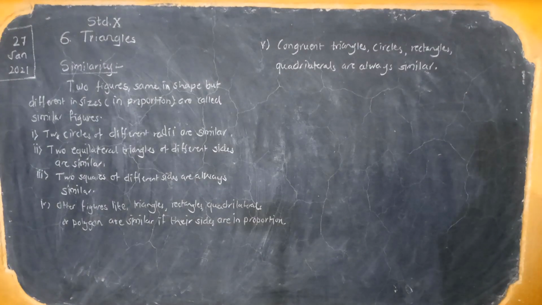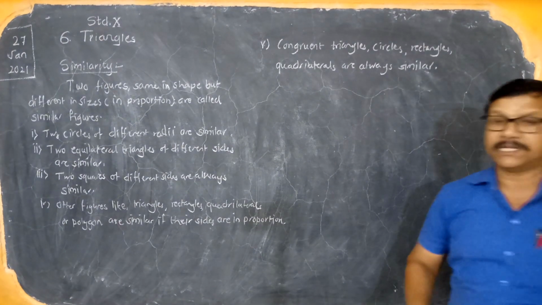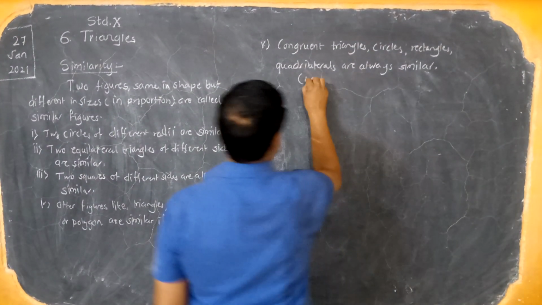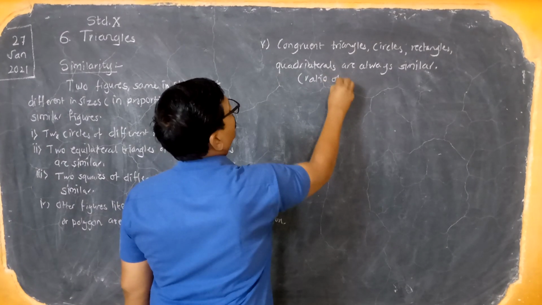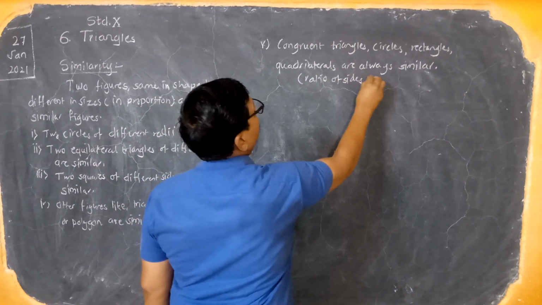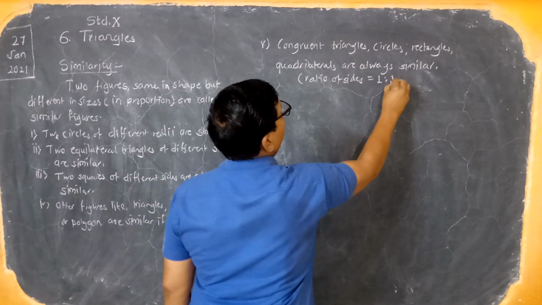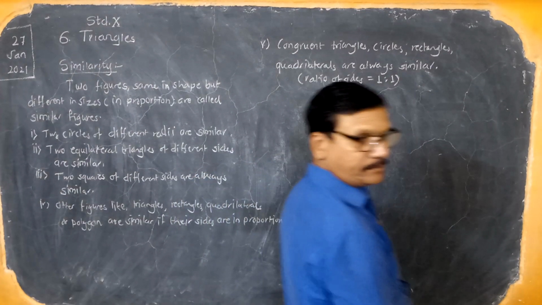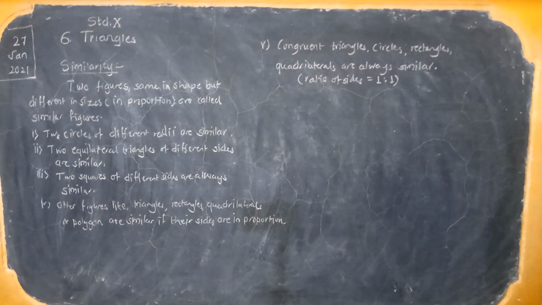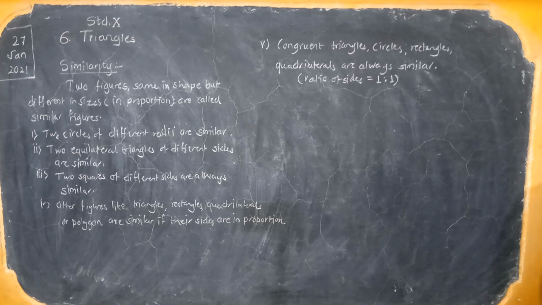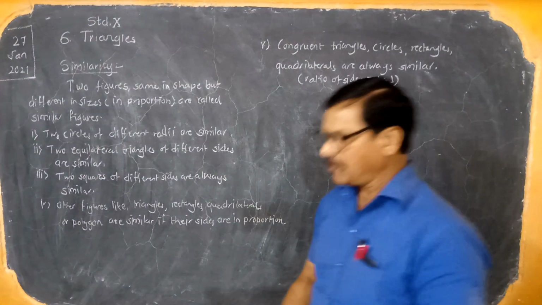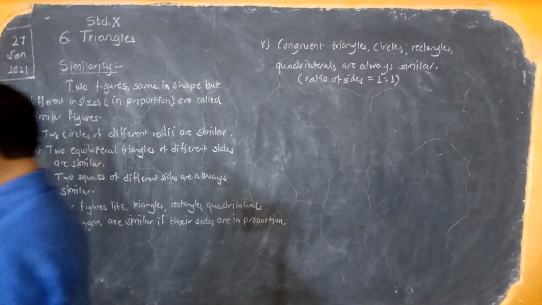Congruent figures are always similar because the ratio of their sides is 1:1. Polygons are also there. I am not studying more about polygons, only this much.